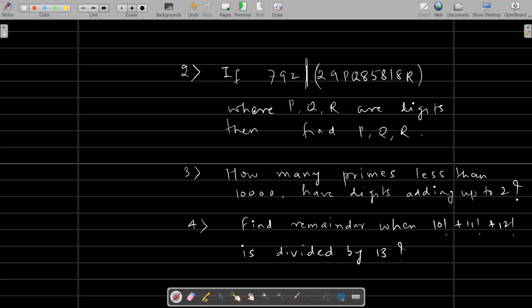The sum of digits is 2, right? Sir, are P, Q and R distinct digits? Yeah, P, Q, R are single digits.